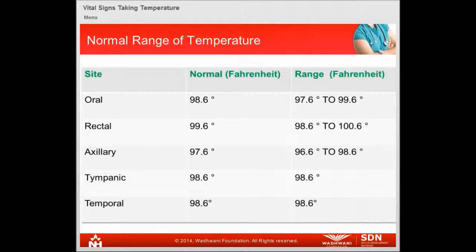At the axillary site, normal temperature is 97.6 degrees Fahrenheit, and it ranges from 96.6 degrees to 98.6 degrees Fahrenheit. At the tympanic site, normal human body temperature is found to be 98.6 degrees Fahrenheit, and at the temporal site, it is also 98.6 degrees Fahrenheit.